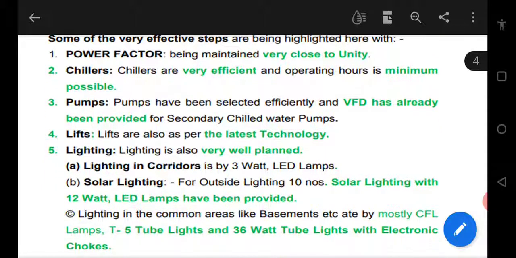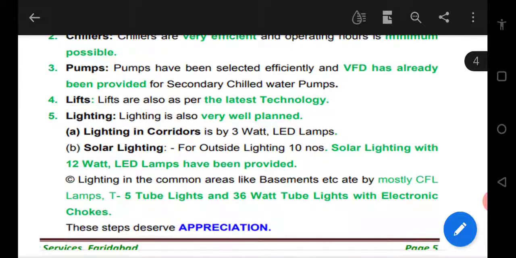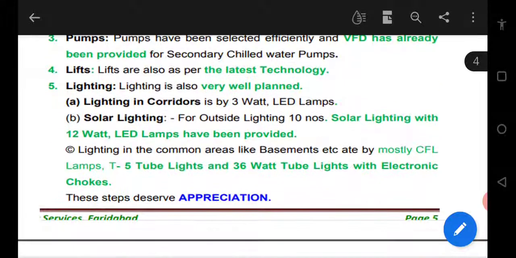And then pumps also they found very energy efficient, and VFD has already been installed. I think VFD technology we have discussed. Again, if possible, I'll discuss that in this. That is one of the energy saving devices introduced, especially for motors. And then you have lifts also, which are using the latest technology.